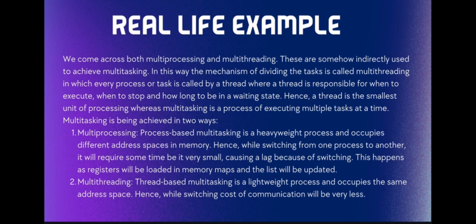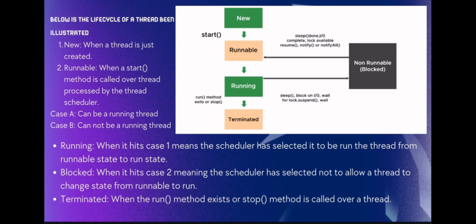We have sleep, wait, lock available, resume, notify. Runnable means the thread can run, and non-runnable means blocked, which is case B. Running is when it hits case 1, meaning the scheduler has selected the thread to move from the runnable state to the run state.